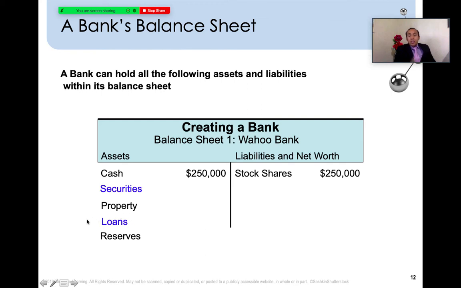Loans is an asset to the bank because the bank collects interest on those loans. Think about credit card interest rates. It's like 17%. It's an asset to them because they collect 17% on the individual that has that loan. And reserves. Reserves are an asset because it's cash or excess reserves or reserves at the Fed that they can use for available withdrawals.